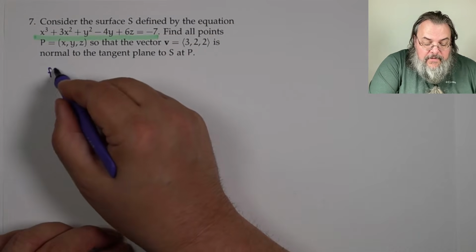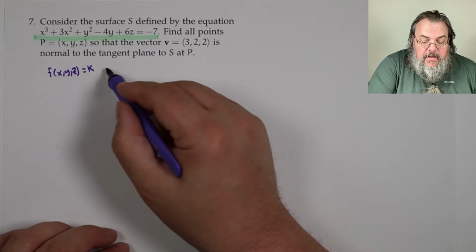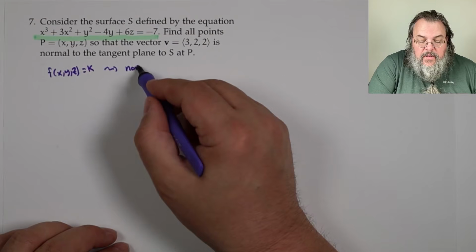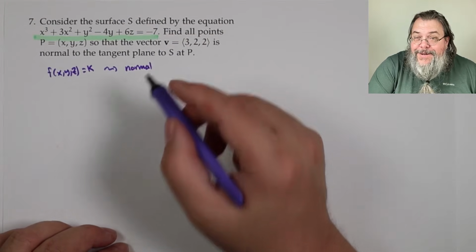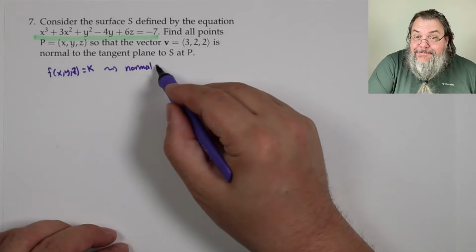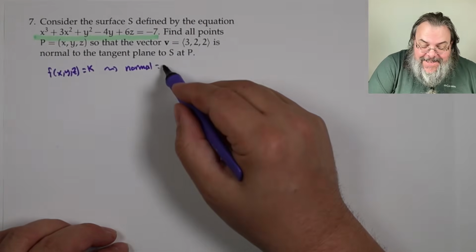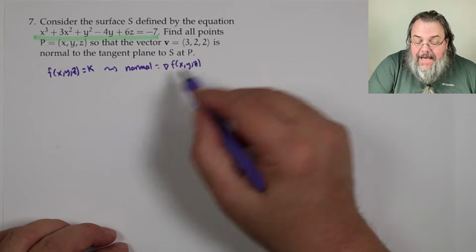Then the normal, or did I misspeak there? Spoilers! The normal is the gradient of f of x, y, z at that point.